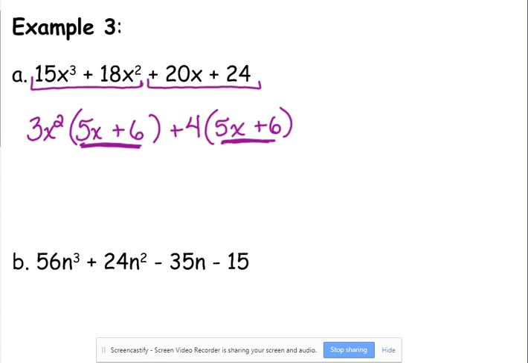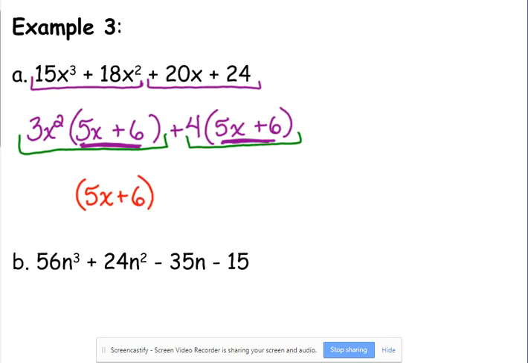So we need to look at this like, okay, here's a term, here's a term. Terms are always separated by pluses and minuses. So look at that entire first thing as a term, the second thing as a term. What do they have in common? They both have 5x plus 6, right?